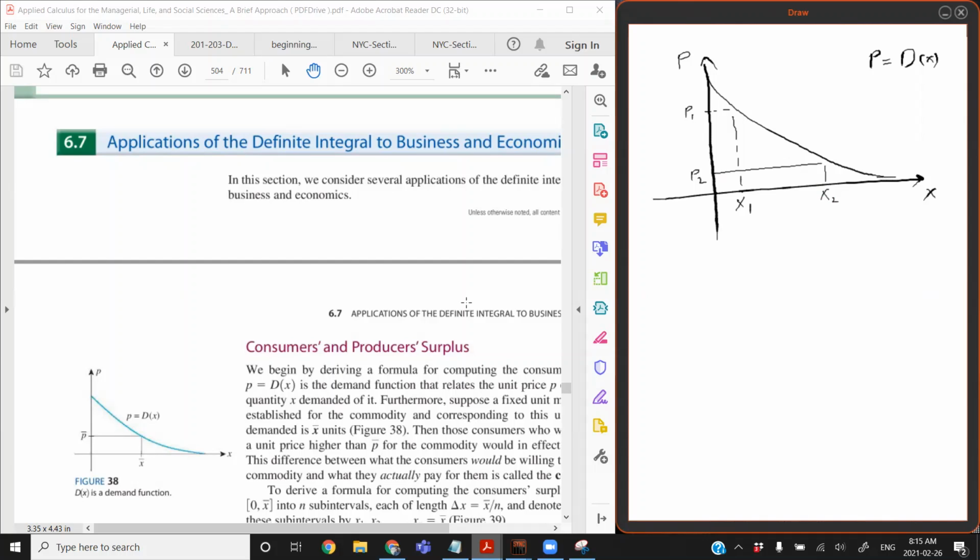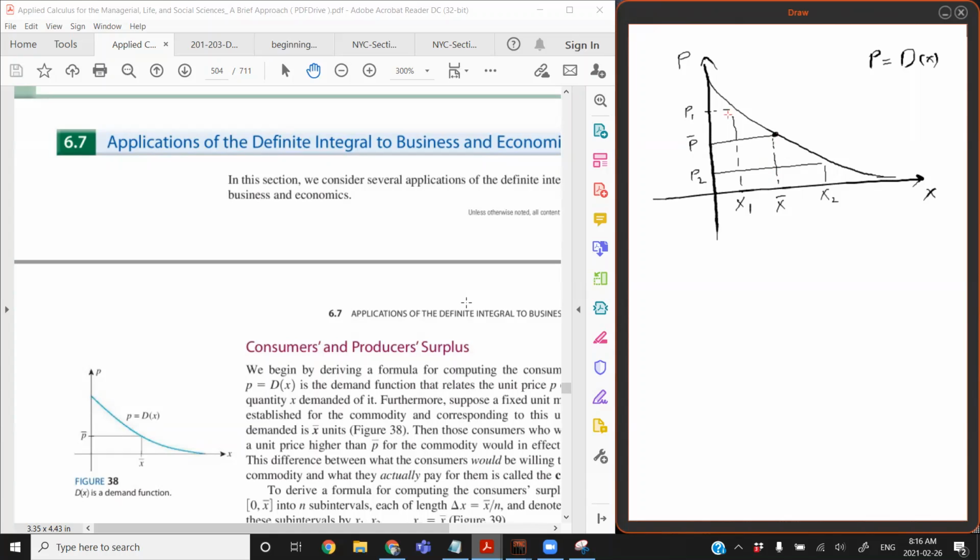But what happens is that in the free market, a certain price will be established, which has to do with the supply. So let's say that the established price is P bar, and the established demand corresponding to that P bar is X bar. So this would be the market equilibrium. Then there are some consumers who were willing to pay a higher price.